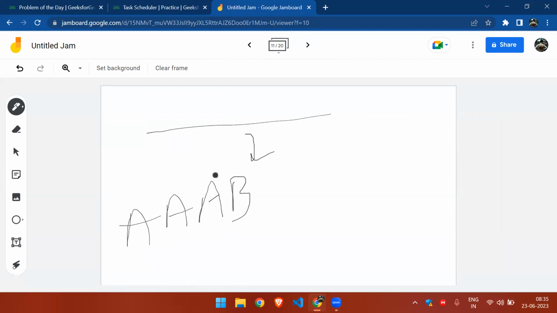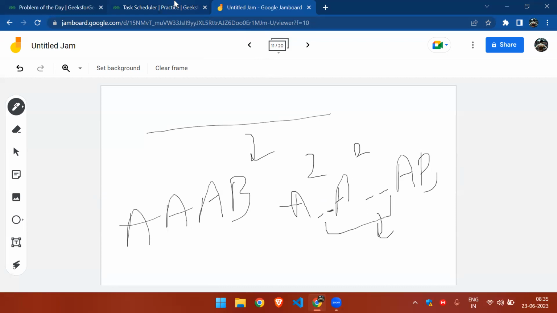So the maximum idle spots we can have is: we place this A three times, and in between we have two idle spots. Then we place our B, right? So this is the maximum number of idle spots we can have. It is nothing but the maximum times A has occurred minus one. This is 2 units. And what is the number of gaps we have been given?